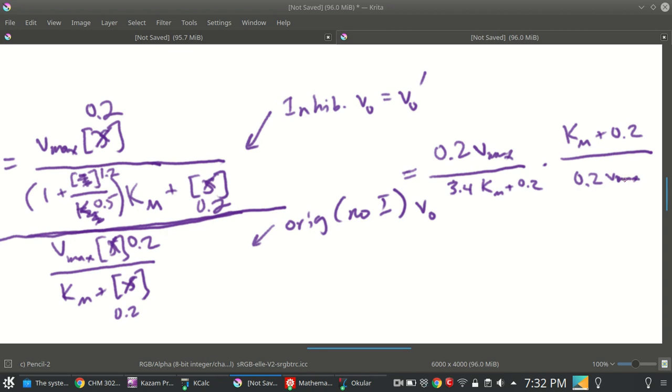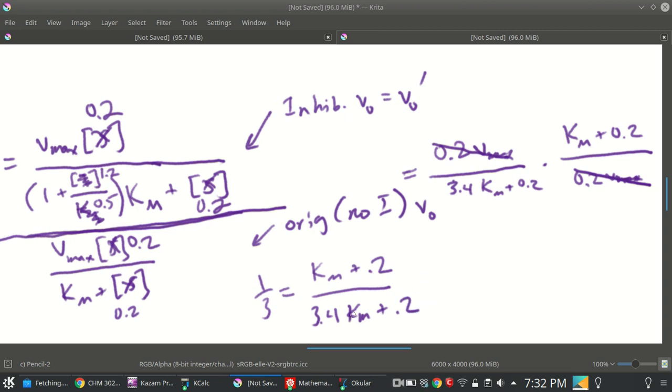Now, as very often happens in science, the math really works out nicely. So those things cancel out, and now we have 1/3. Remember, that was the ratio. 1/3 equals, and I'm going to copy this stuff down, Km plus 0.2 divided by 3.4 Km plus 0.2.